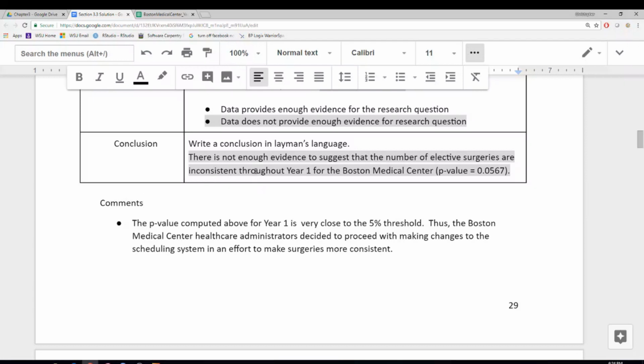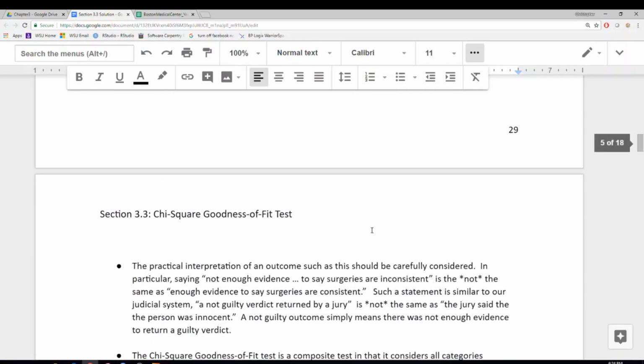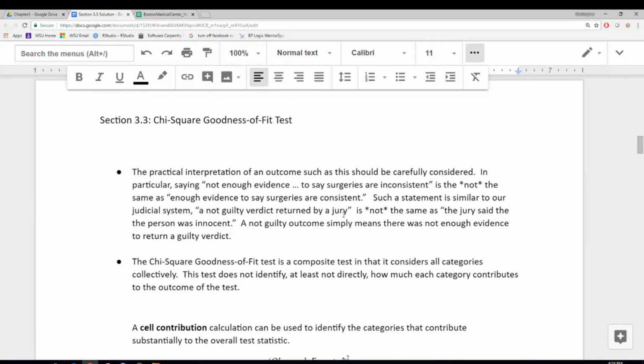So we got a little bit of double negative language there that we need to be careful with. When I say not enough evidence to say surgeries are inconsistent, that is not the same thing as I have enough evidence to say surgeries are consistent, or that I have strong evidence to suggest surgeries are consistent.